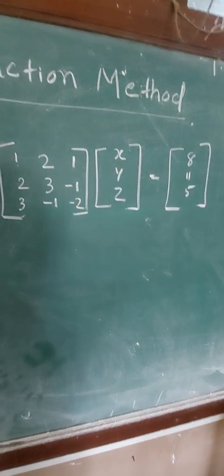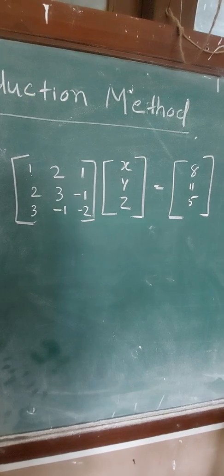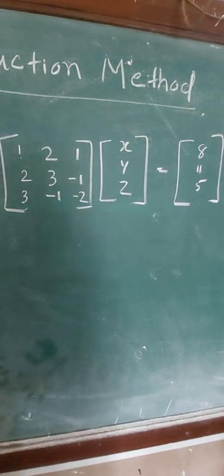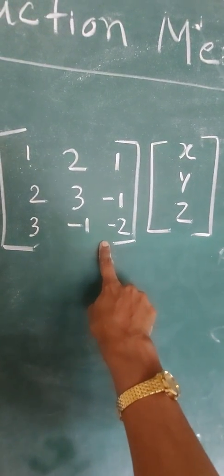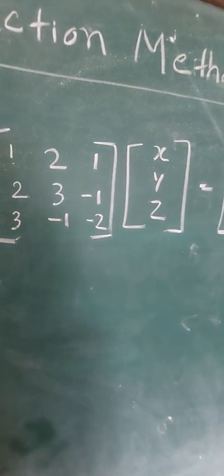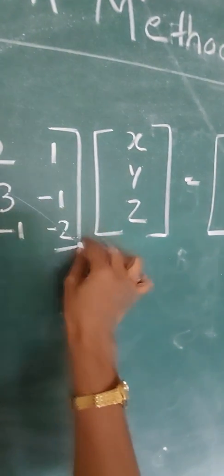Now, once you have converted the equation into the form AX equal to B, where this is A, X, B, we are reducing this matrix into a triangular form. That is, this is the diagonal. We will convert either this triangle to 0 or this triangle to 0.